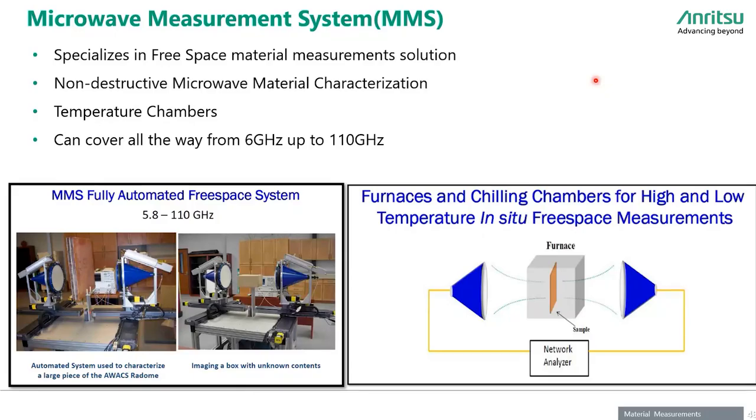So if you see over here, this is a typical free space setup, where the material is there, and these are the focus antennas connected to the VNA, and we are doing the measurement over here. However, sometimes we require to put the material under a certain temperature condition. In that case, we use a furnace which is more visible in the next slide.